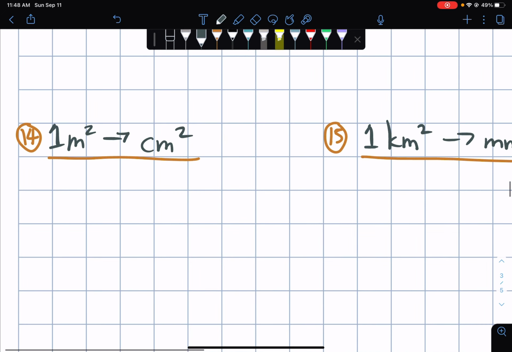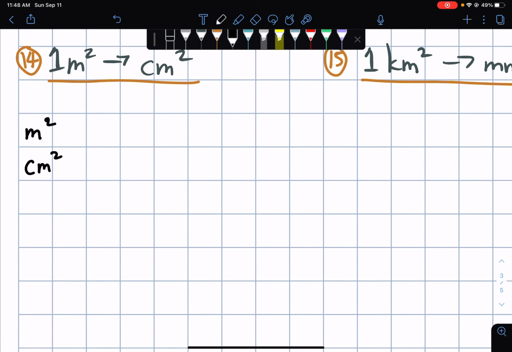We still have the same meter, centimeter. I'm so sorry. We still have decimeter there and centimeter. So their distance is 2 zeros.